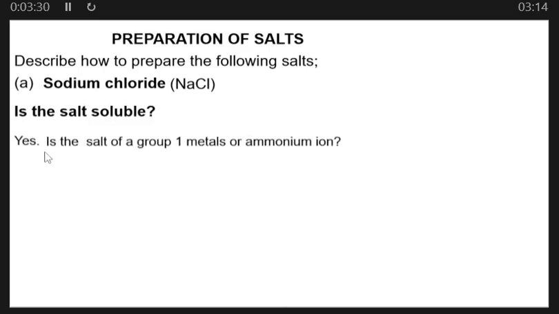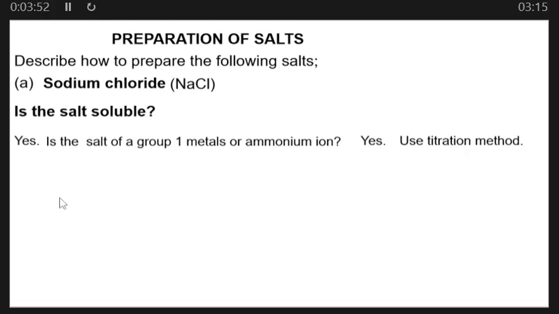Is it a salt of group 1 metals or ammonium ion? Sodium is a metal from group 1, so we are going to say yes. Then use the titration method. That's how it is.